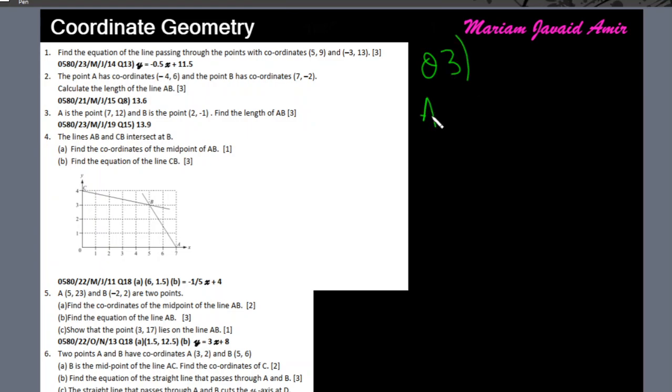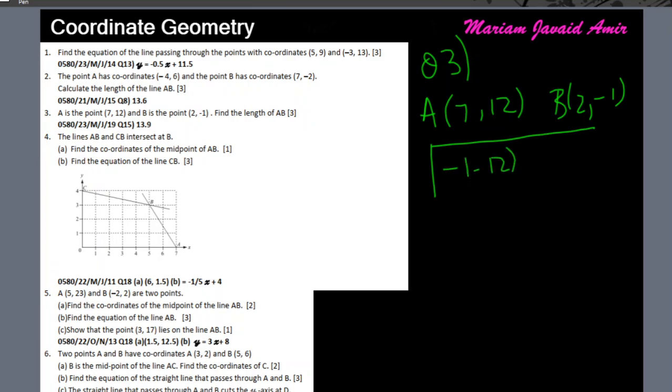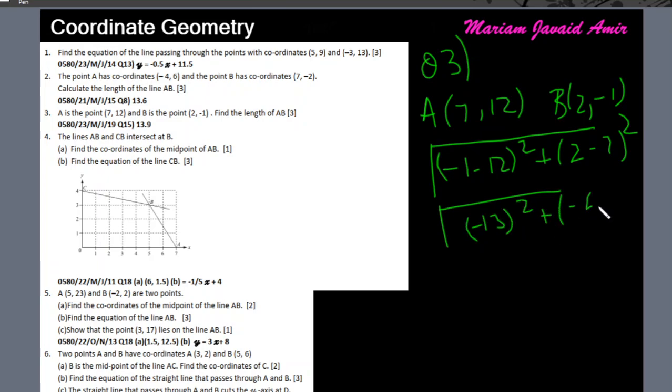Question 3. A is 7, 12. B is 2, minus 1. Find the length of AB again. So we'll use the same formula, y2 minus y1 whole square plus x2 minus x1 whole square. This becomes minus 13 whole square plus minus 5 whole square.